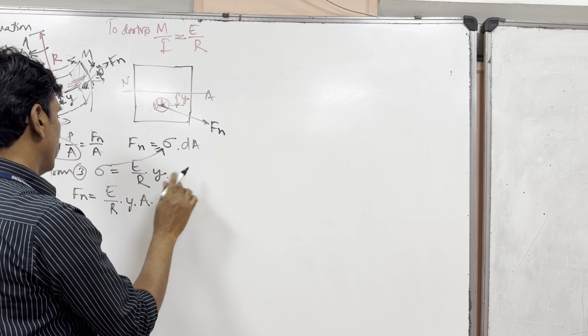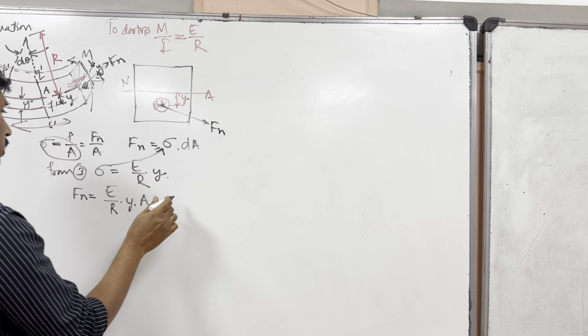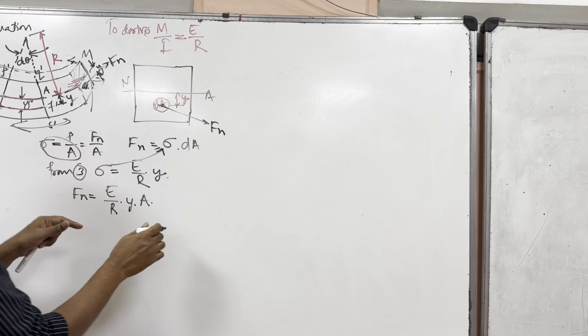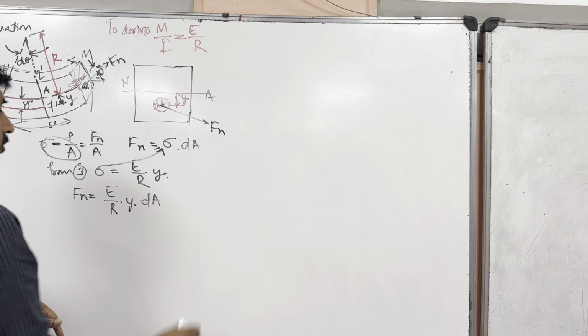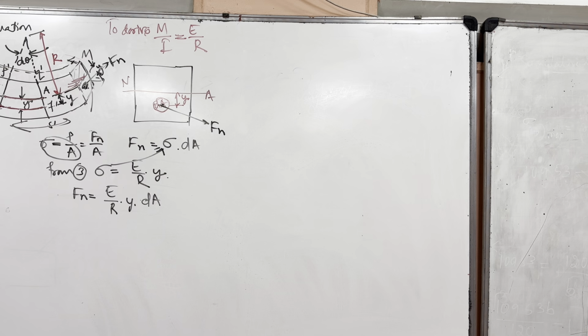So I'll write this as dA here. So this is dA. Okay. Now Fn is equal to sigma into dA. So substitute this.